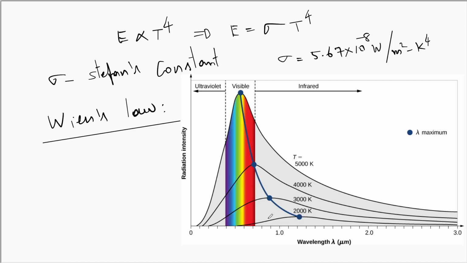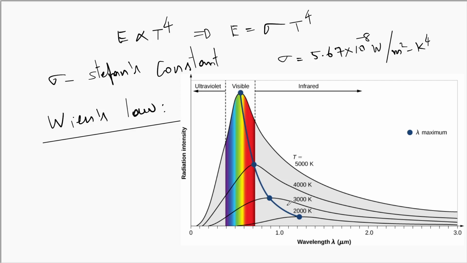For example, the lowermost curve represents the blackbody spectrum when the blackbody is maintained at 2000 Kelvin. The second curve represents 3000 Kelvin, the third curve 4000 Kelvin, and the fourth curve 5000 Kelvin.